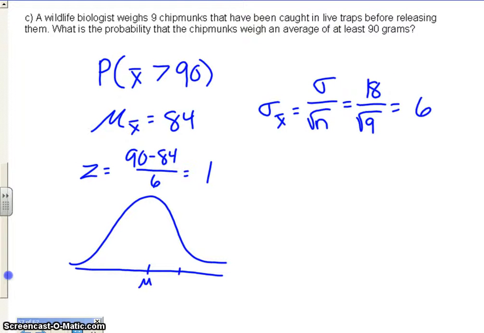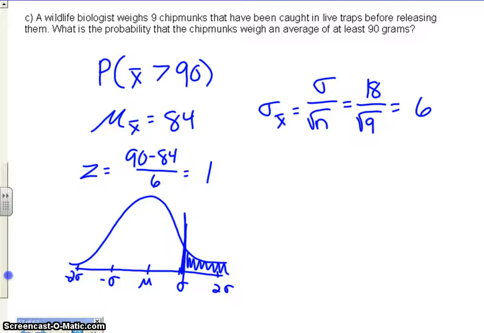Mean in the middle, standard deviations. This z-score is right here at 1 sigma, and I'm looking for the area that is beyond this value. So I'm looking for an x bar greater than 90. So here's my greater than sign.